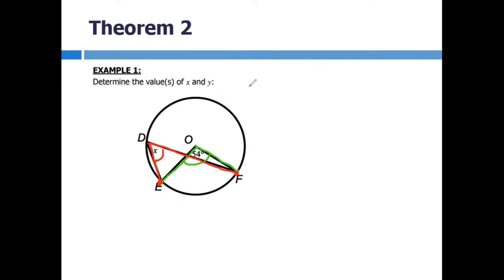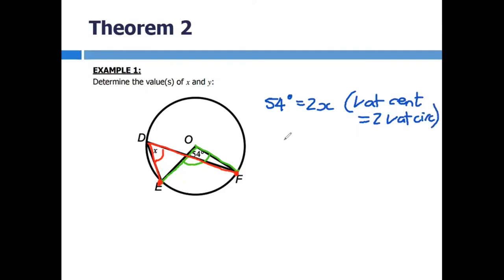And then you know that the angle at the center is equal to 2 times the angle at the circumference. So the angle at the center, 54 degrees, is equal to 2 times the angle at the circumference, x. And that is your reason. Angle at center equals 2 times angle at circumference. And then you can solve for x.